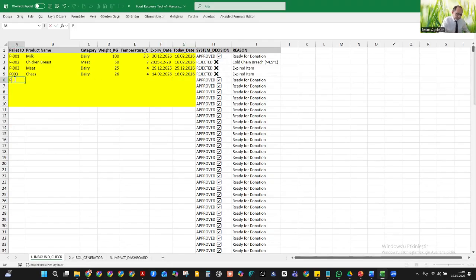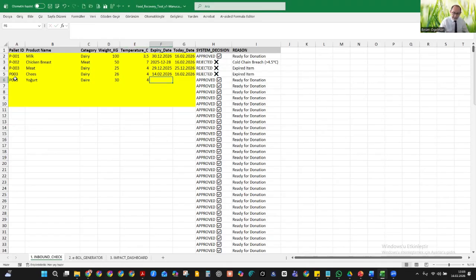Another example, we have yogurt. Category dairy. We have 30 kilograms, temperature 4.